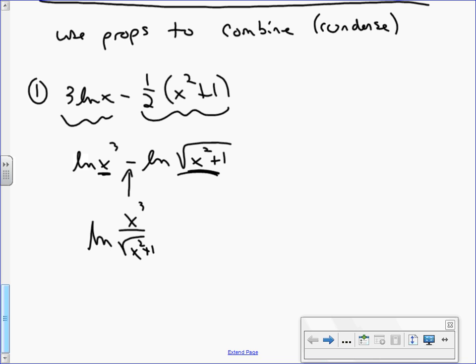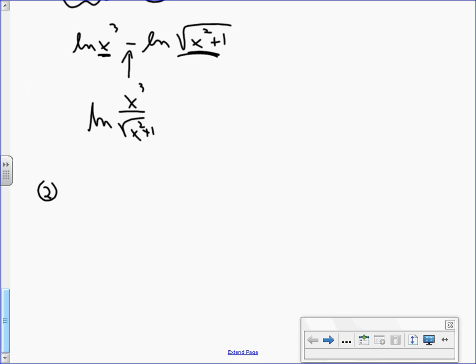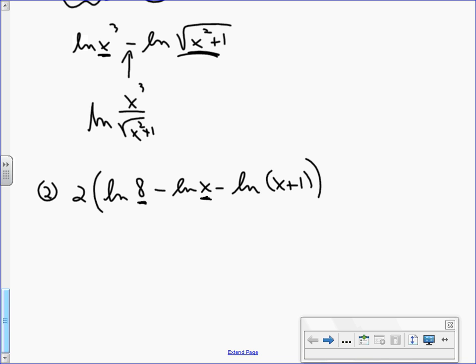I might as well do one more example of that. So you've got a couple of them in your notebook. I'll do this one. I'm going to start on the inside. I can't, that's already one term and one argument, that's a plus. You can't do anything with that. So I just need to put all these together.